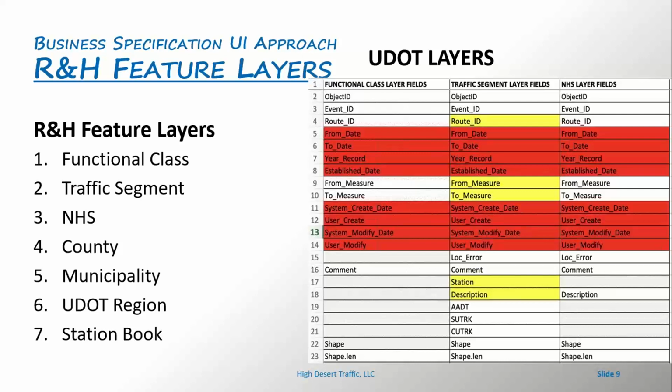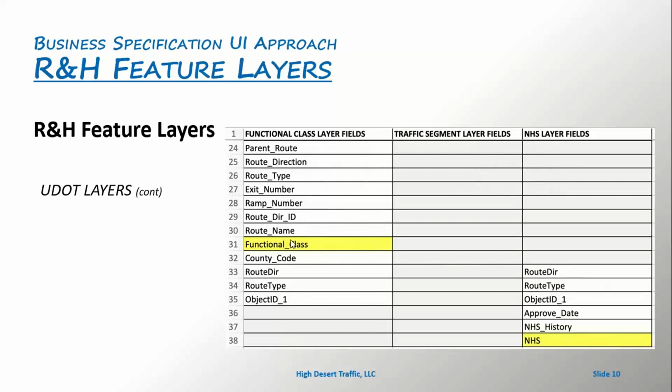And on the next slide, you'll see functional class on this layer. So when the functional class is being changed in roads and highways, and you think about that process flow in that use case, it's coming from the green world, roads and highways, cascading and filtering down into that yellow use case, which is where the interface is going to be built and synchronizing the two systems into the review.